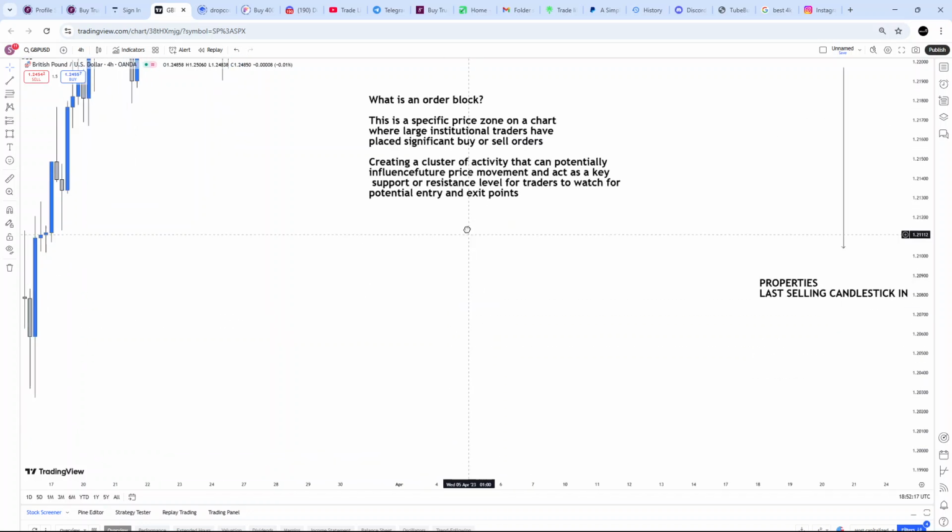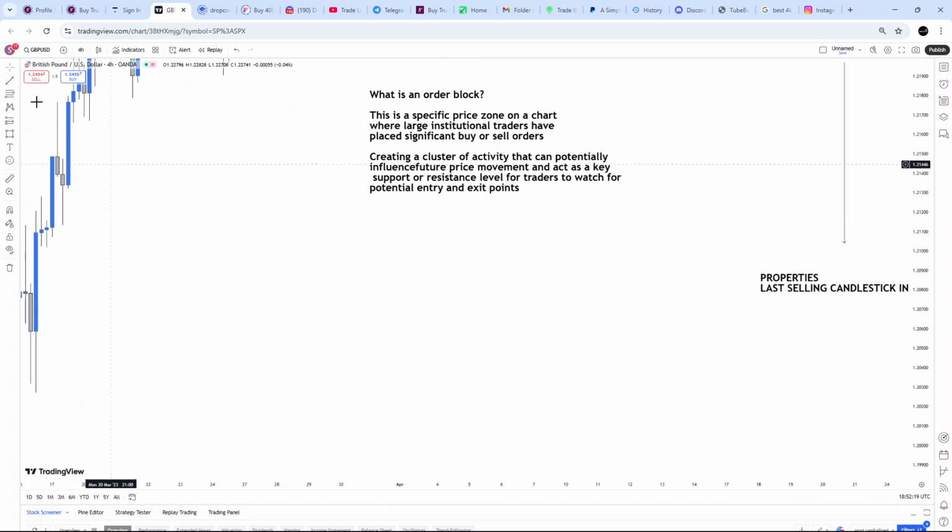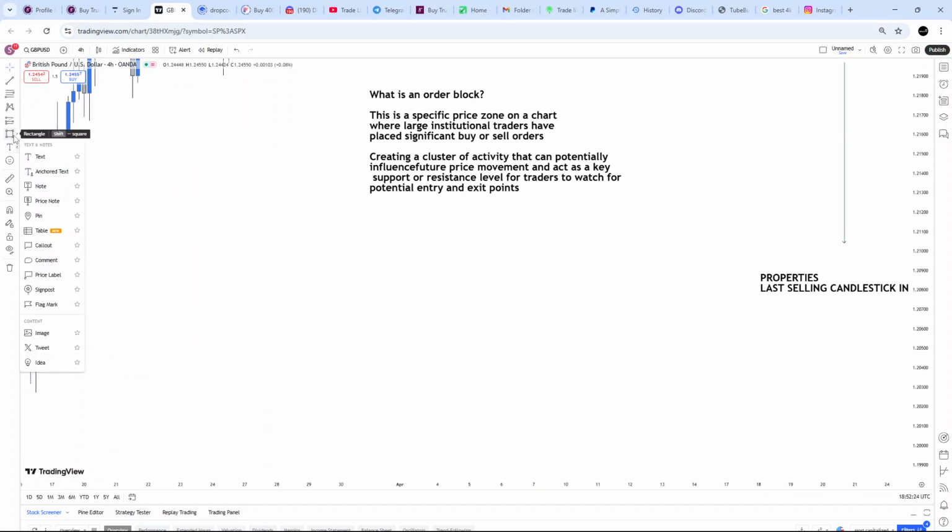As we know well, we have a bullish and a bearish market. Many of you don't know about bullish or bearish markets. A bullish market is an uptrending market, a market that is breaking higher highs and going to higher zones.